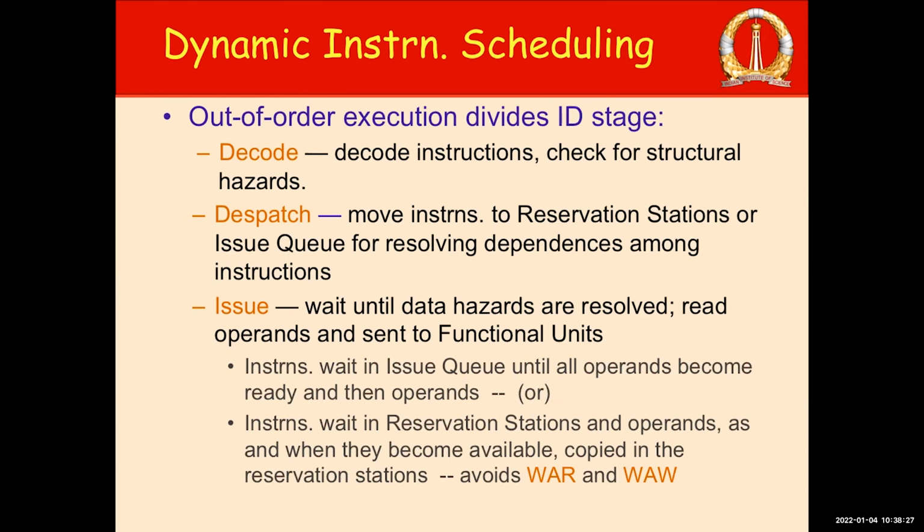So this is where we said that the instruction issue can happen out of program order. For example, the subtract may be waiting for its operands to be available in the reservation station, whereas the subsequent multiply instruction, all of whose operands are already available, would become ready, and the issue unit will then issue the multiply instruction out of program order, and multiply can go for execution.